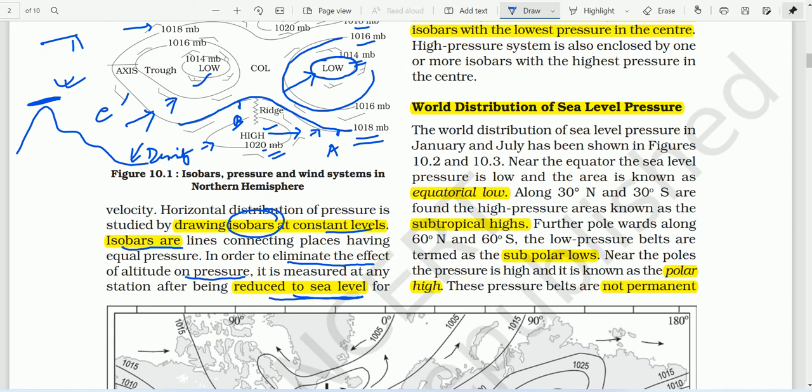That means when we represent the pressure conditions on the world map, all the recorded pressure conditions, for example here, for this station also, and this station also, are reduced to sea level pressure after recording, to eliminate the effect of altitude on the pressure.